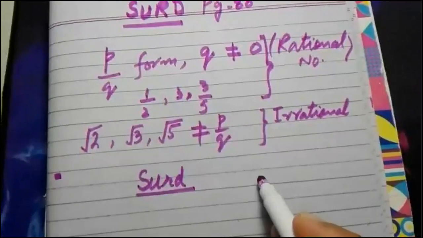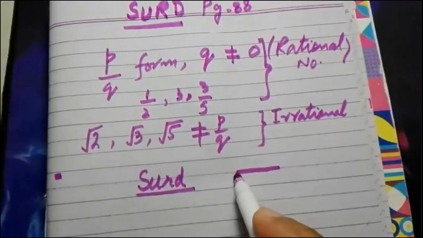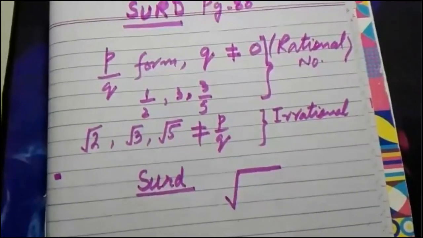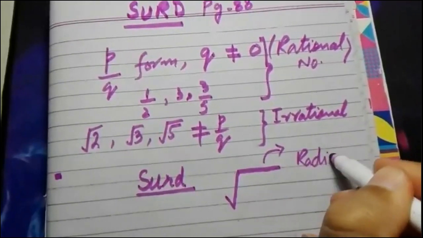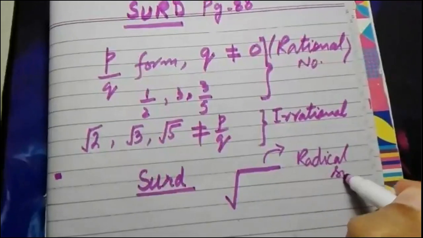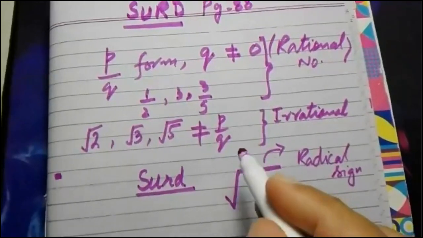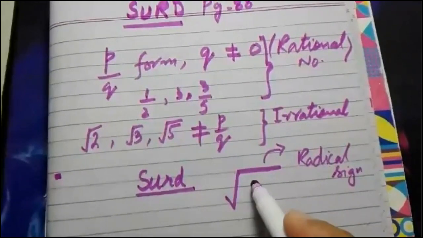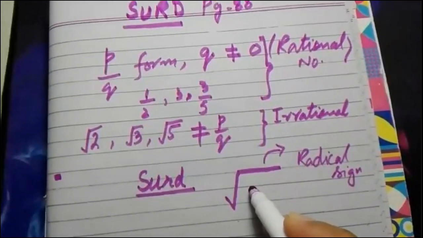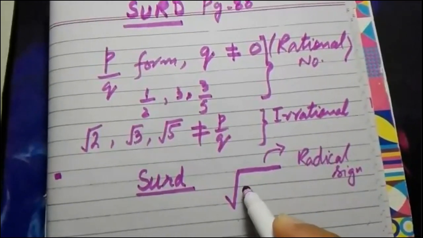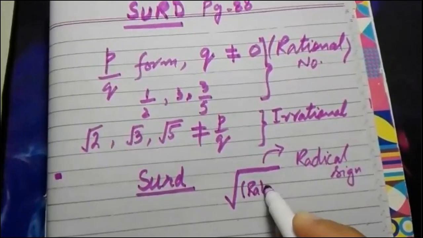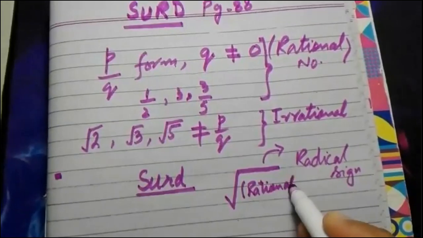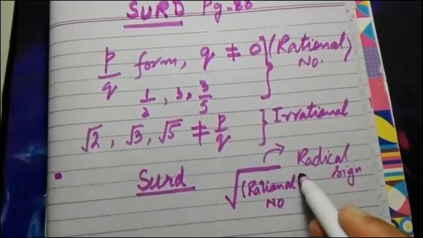The surd says that we should have some radical sign. This is called the radical sign. If you remember, this is called a radical sign, right? And what is written in the radical sign? That number must be a rational number, right? Inside the radical, there should be a rational number.